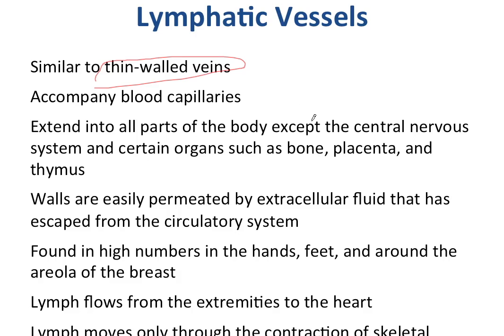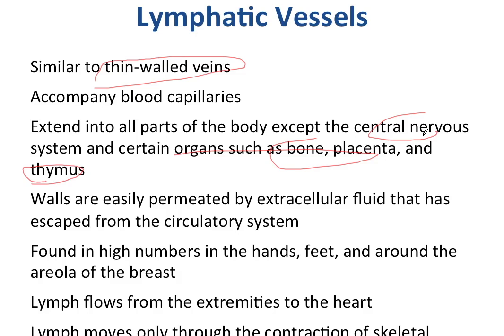Those lymphatic vessels are everywhere except certain organs such as bone, placenta, thymus, and also the central nervous system. Those organs don't have lymphatic vessels.